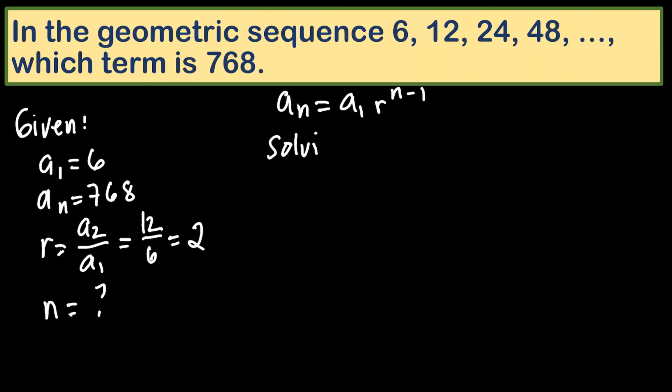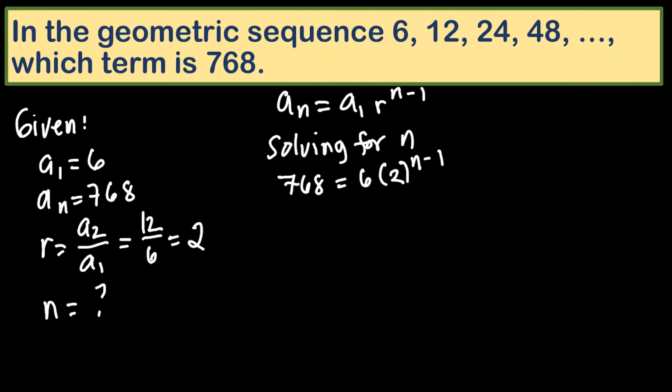Solving for n, let's substitute the given. Our a sub n is 768 equals a sub 1 which is 6, and r is 2, raised to n minus 1.